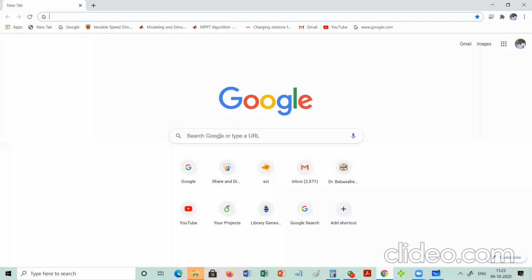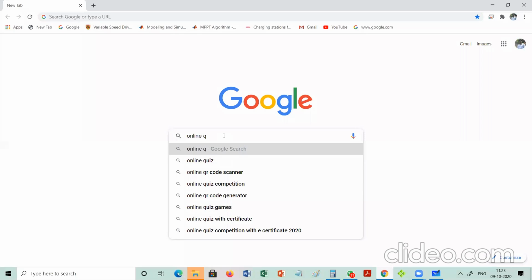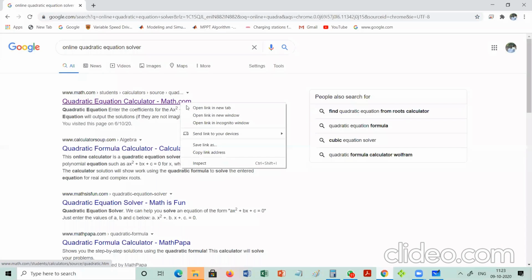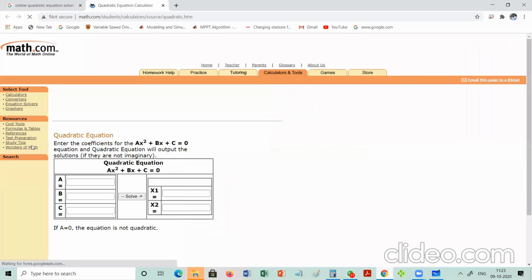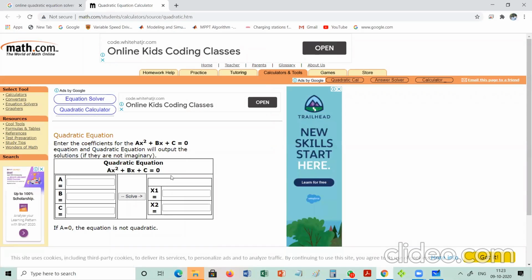In this lecture we will solve just IA2. The remaining part we will see in the next lecture. Using an online quadratic equation solver, if the equation is in the form ax square plus bx plus c, we just write the coefficients here.